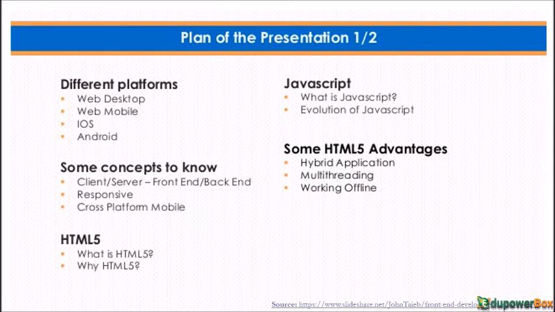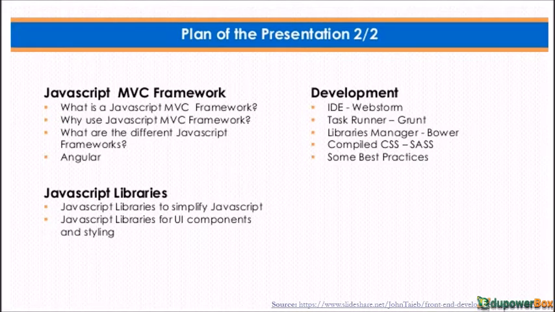And I'm going to talk explicitly on HTML. Not only that, I'm excited to talk about JavaScript. We just mentioned it a bit, but in this course, you're going to learn JavaScript frameworks. You're going to learn the libraries and the development tools that we'll be using.